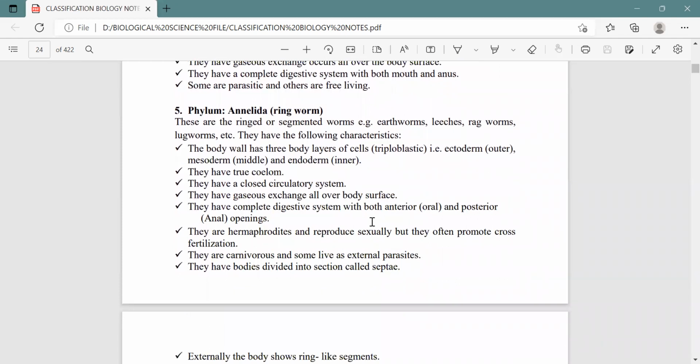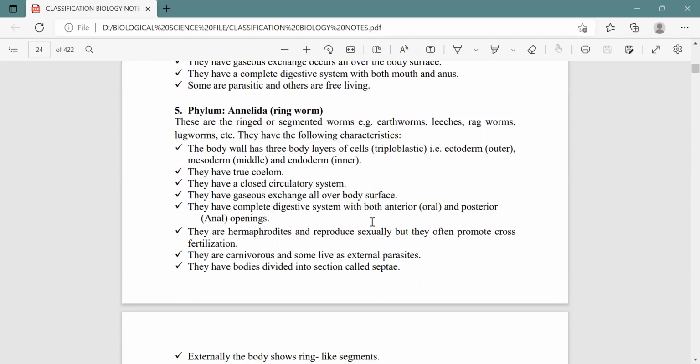The segmented worms, what some people call the ringed worms, belong to phylum Annelida. Phylum Annelida. Annelida is double N, not single N. So the ragworms, the earthworms, and the others are annelids.